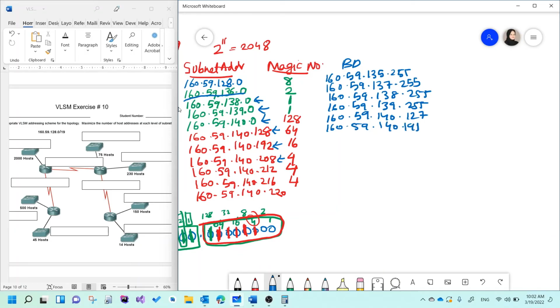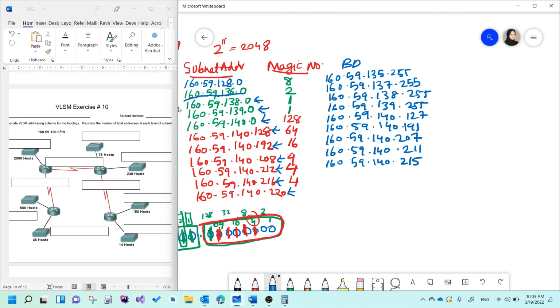Here it will be 160, 59, 140, 207. Here it will be 160, 59, 140, 211. Here it would be 215: 160, 59, 140, 215.